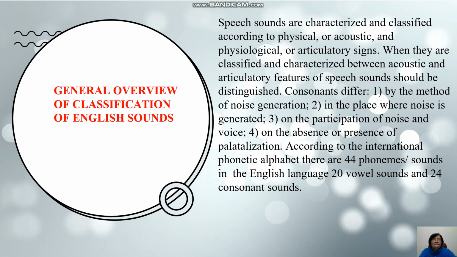Consonants differ by method of noise generation, the place where noise is generated, the participation of noise and voice, force, and the absence or presence of palatalization. According to the International Phonetic Alphabet, there are 44 phonemes or sounds in the English language, 20 of them vowel sounds and the rest consonant sounds.